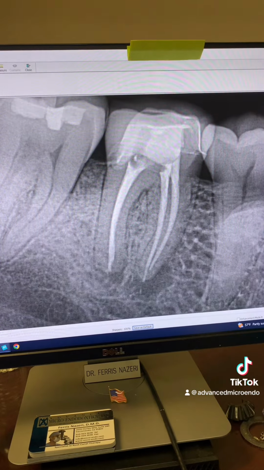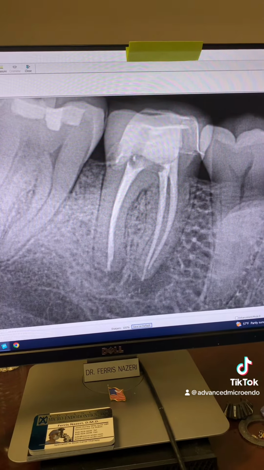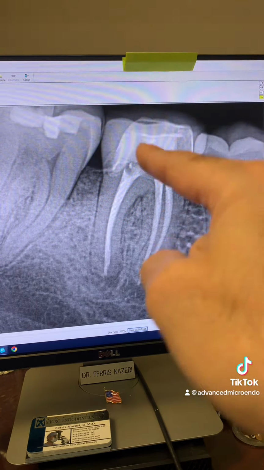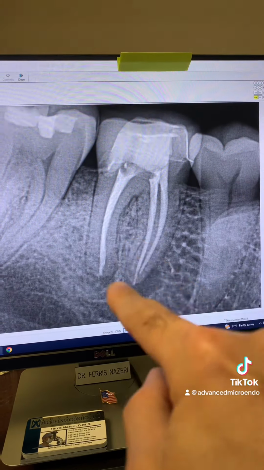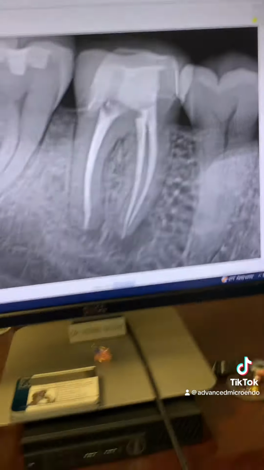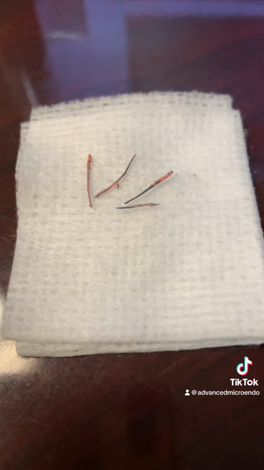All right, so we discussed options with the patient, and the patient wanted to see if this tooth could be saved. So we went through the crown here, removed the fiber post, and these plastic thermofill carriers.